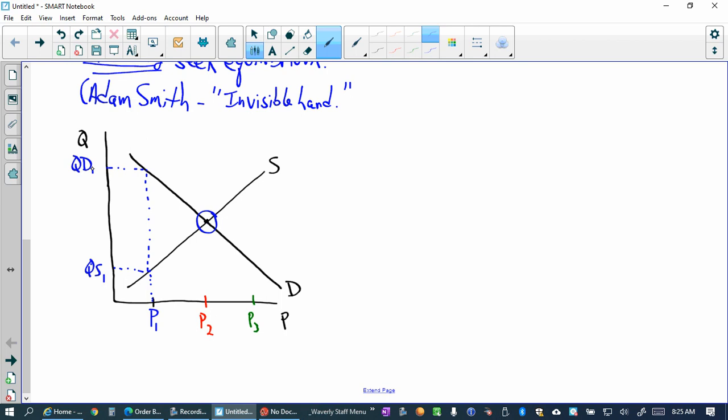So what do you think will happen to price 1? What force will happen here? It'll tend to force that price up, wouldn't it? So make a note of that. At P1, supply is lower than demand.